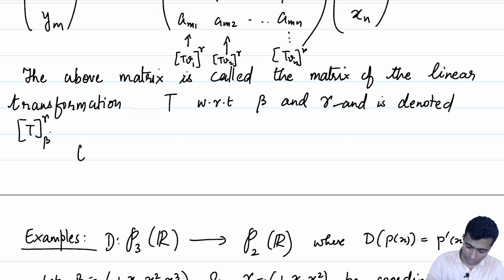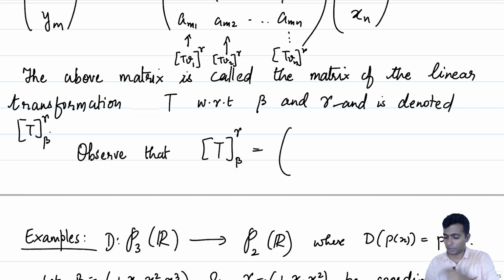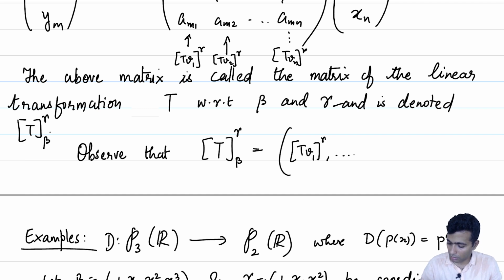So, observe here, let me add something here. Observe that T beta gamma is nothing but this particular matrix where the columns are TV1 with respect to gamma, through TVN with respect to gamma.